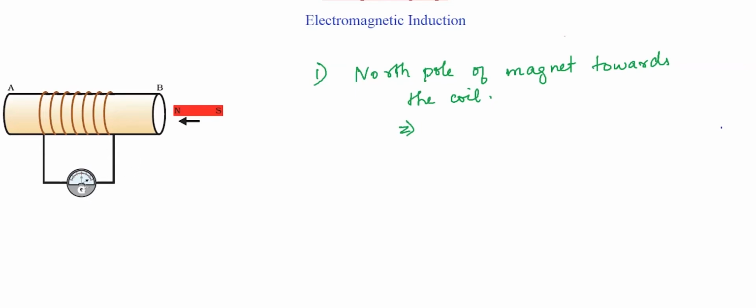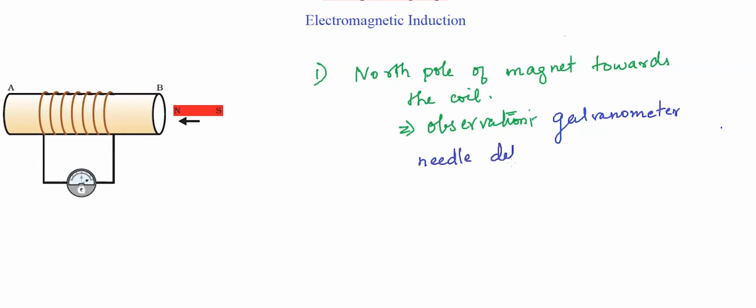So we can conclude that if you bring the north pole of a magnet towards a coil, an induced current is produced in the coil, and the current direction is indicated by the galvanometer.